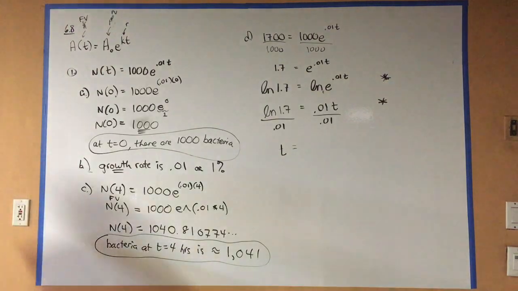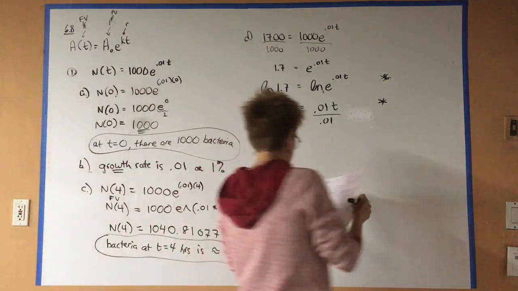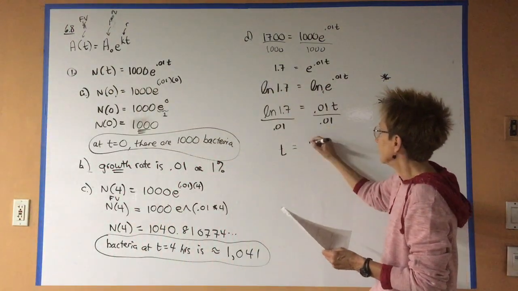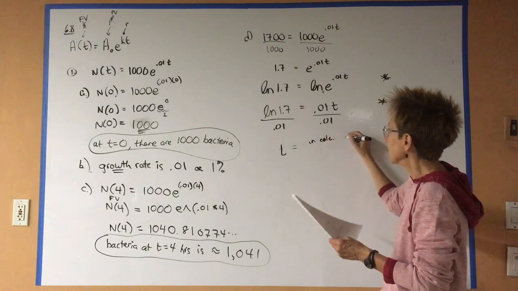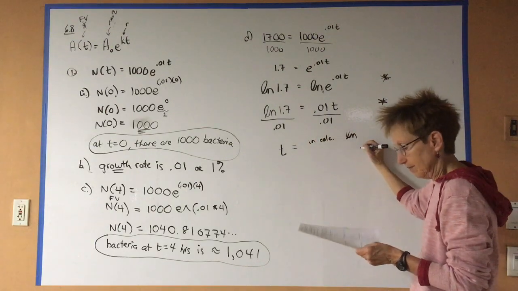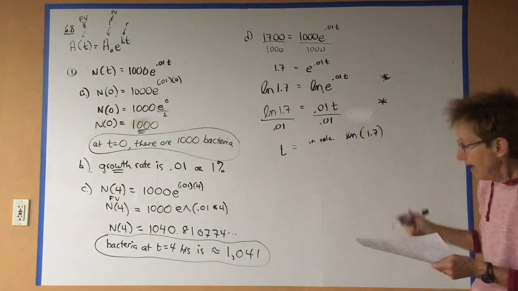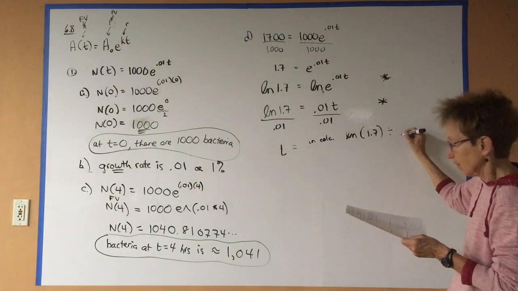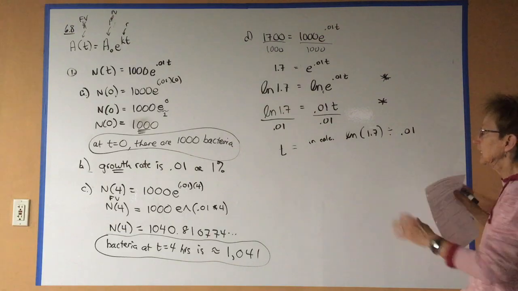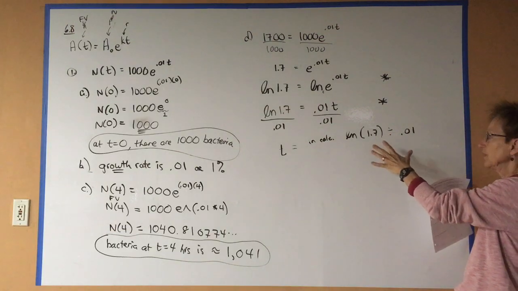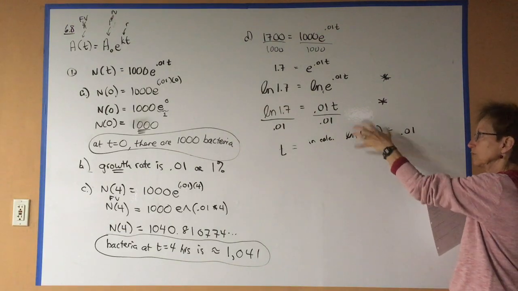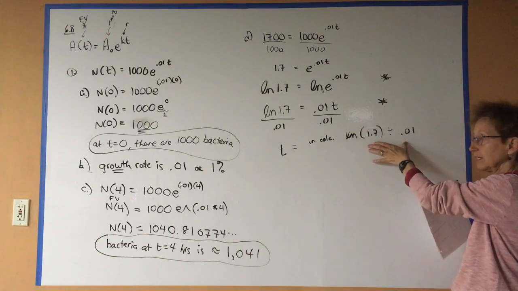So when I put that into my calculator, again, in the calculator, I'm going to hit the ln key. It's going to come up with a parenthesis. I'm going to put in 1.7, and then I'm going to hit divided by, and then I'm going to type in 0.01. There's nothing here that I have to do other than that. There's only one term here, so we'll figure this term out, and divide them.